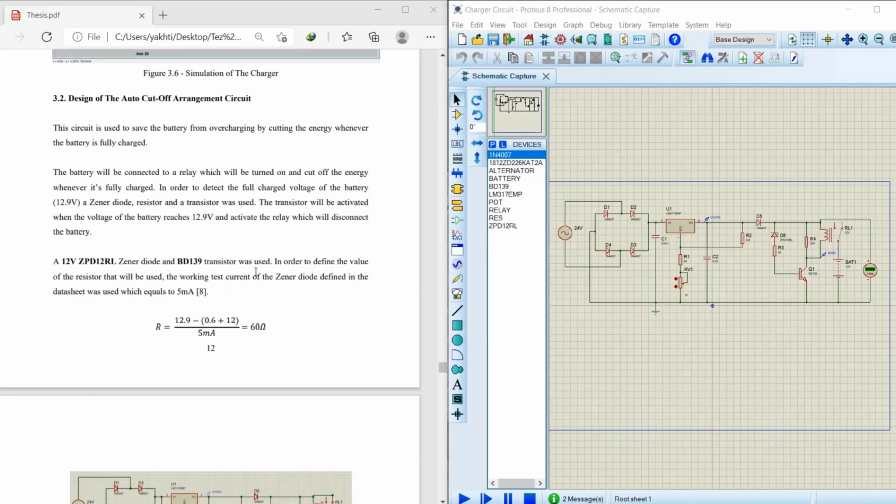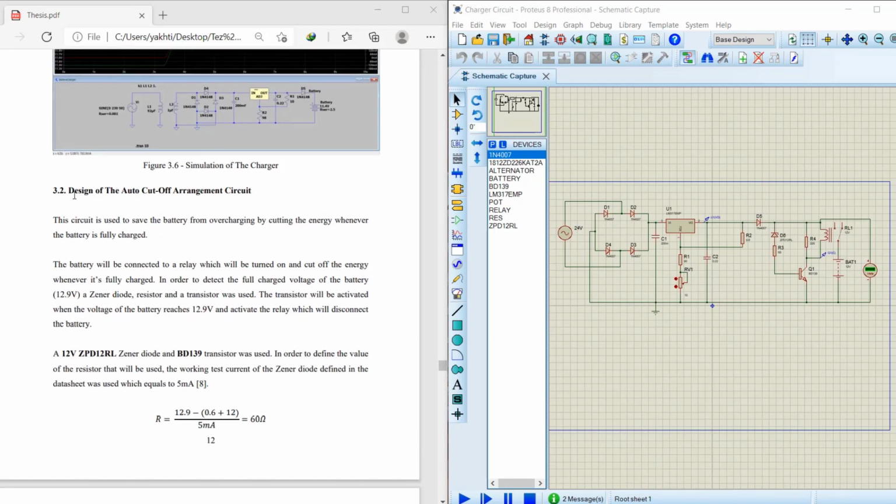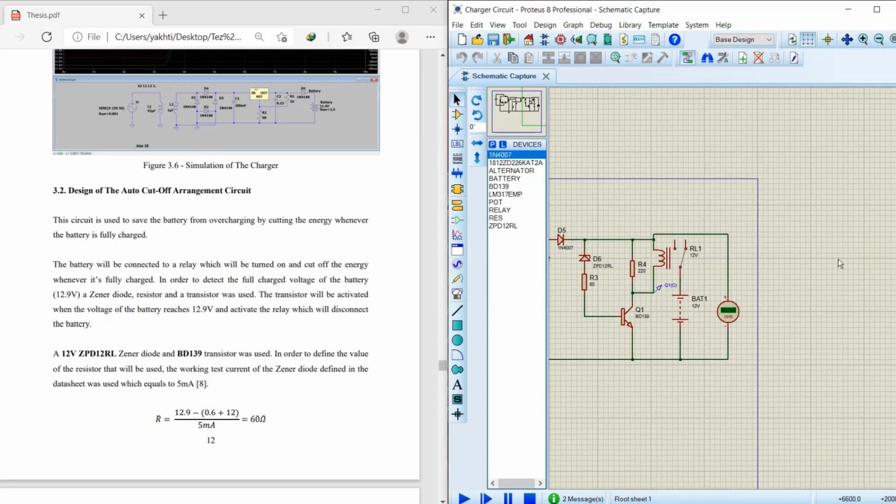So after finishing the charger circuit, I designed the auto cut-off arrangement circuit where the energy will be cut when the battery becomes fully charged. The algorithm by which this part of the circuit works is discussed in detail in this part. So when we come to the simulation, as we said here, the voltage of the battery is 12.9 volts when it's fully charged.